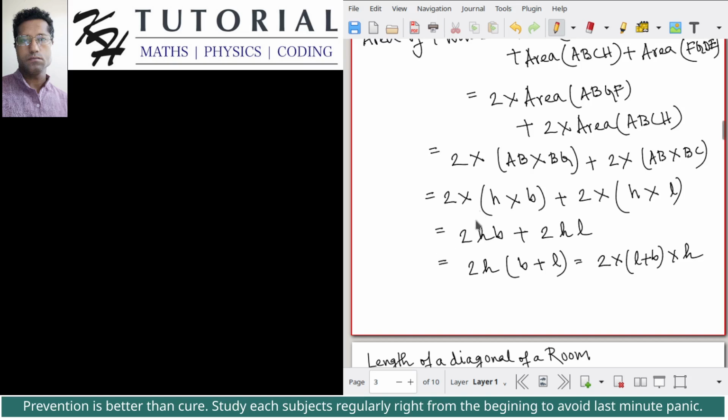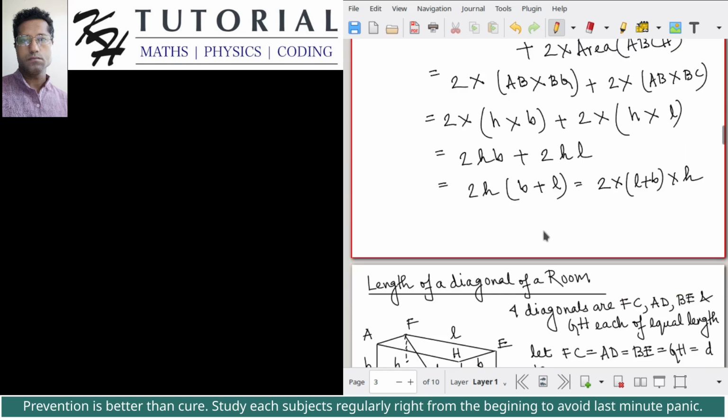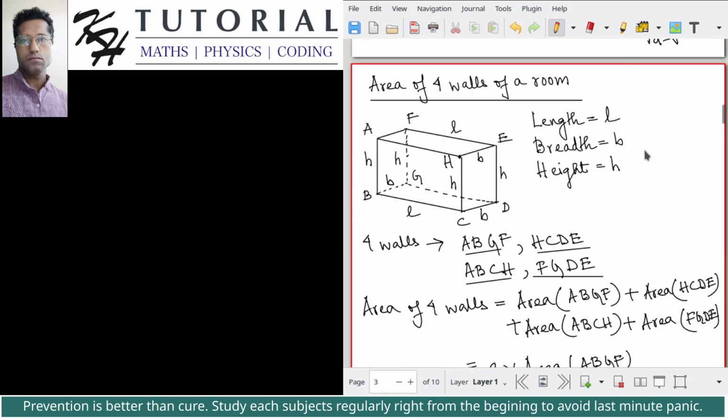So the formula for the area of 4 walls of a room is 2 multiplied by (length plus breadth) multiplied by height. This is the formula for the area of 4 walls of a room.